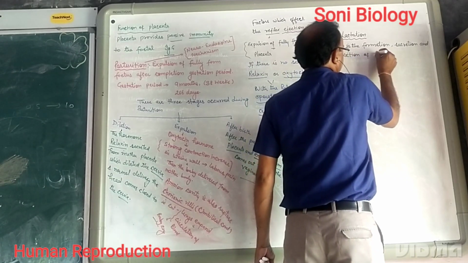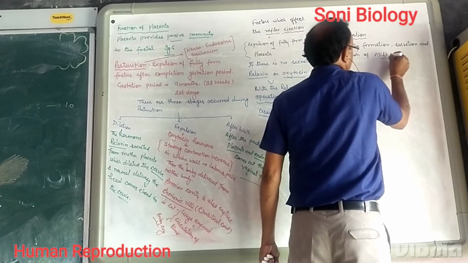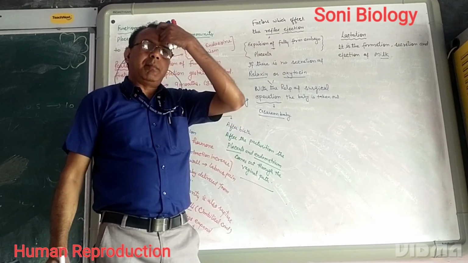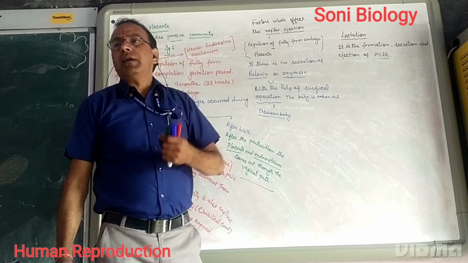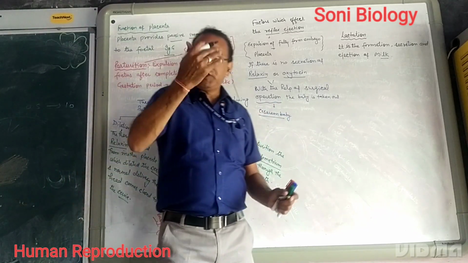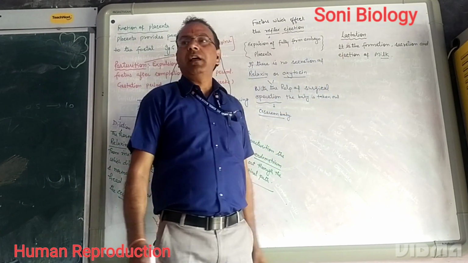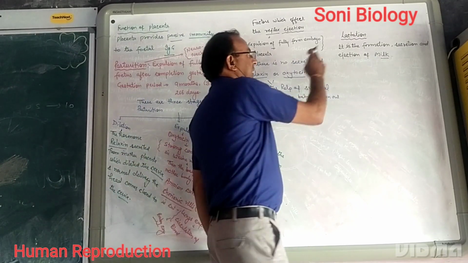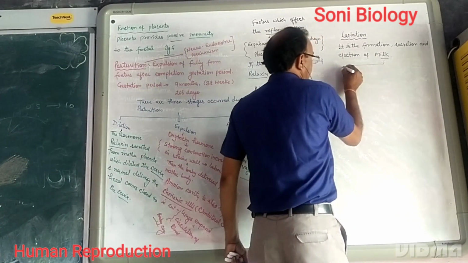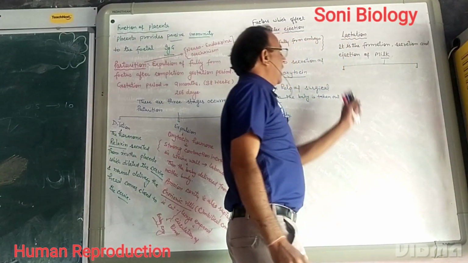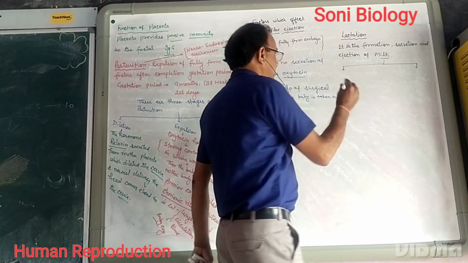After the delivery, the mother secretes milk through the mammary glands. Formation of milk, secretion, and after that, ejection of milk. That is called lactation. We can categorize lactation in two conditions. One is formation and secretion, and the other one is ejection.